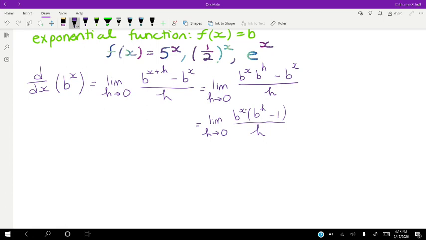This whole factor doesn't have an h, so it's like we're multiplying the rest of the expression by a constant. So we can actually take this b to the x and move it to the outside, because it doesn't depend on h and it's multiplying the rest of the expression. So it's behaving like a constant.